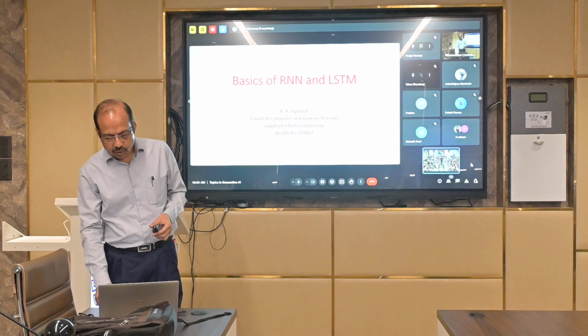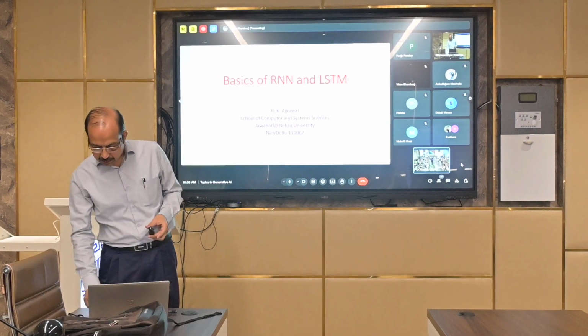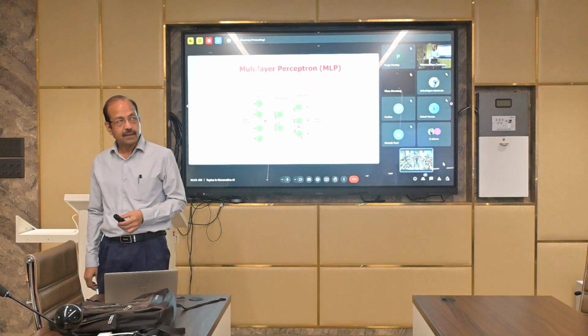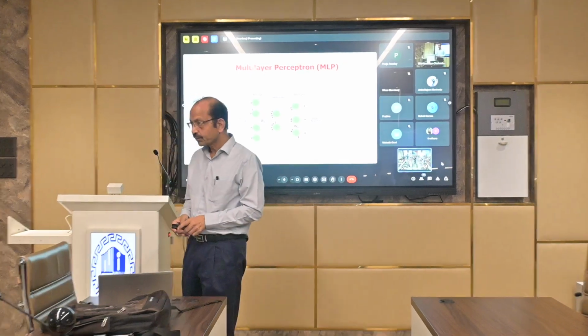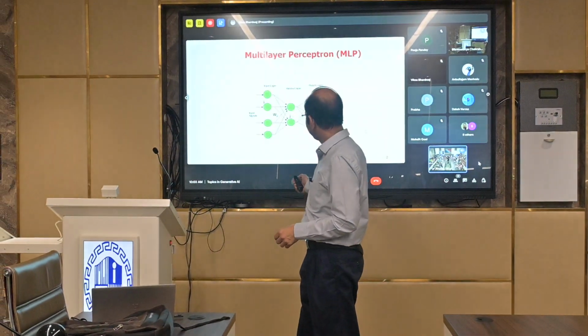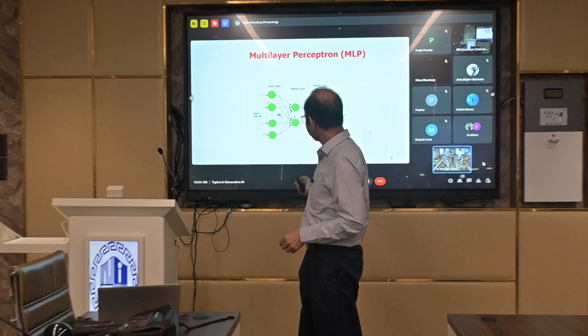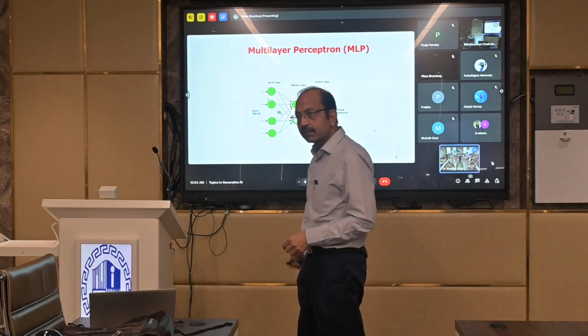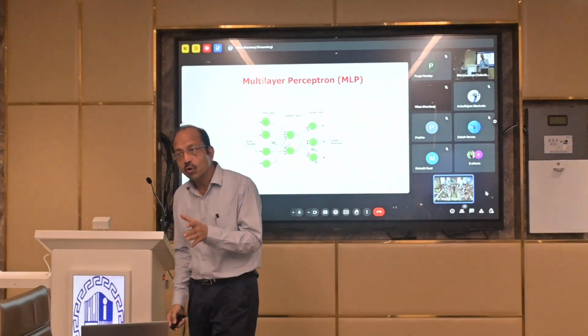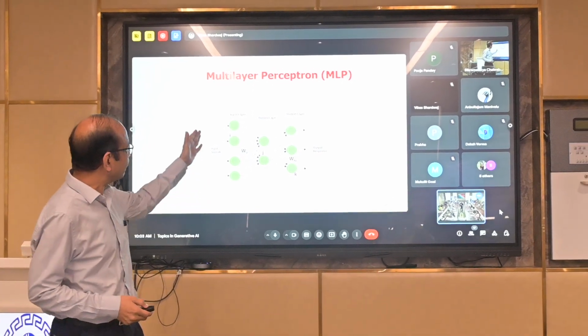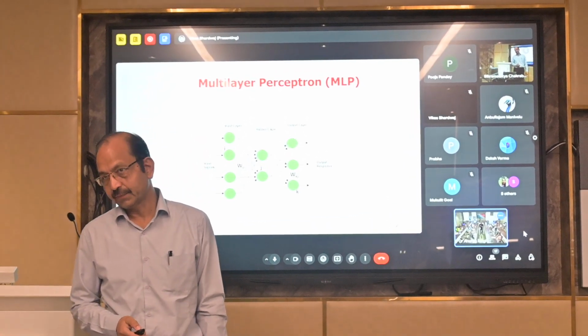Now, when you talk about neural network, what you may have learned is that you have an input layer, then you have one or more hidden layers, and then you have one output layer.